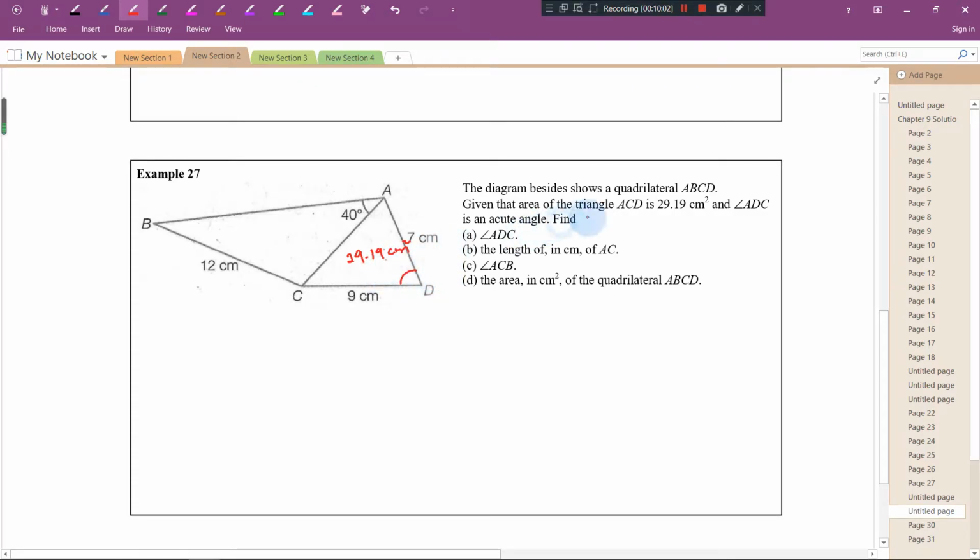First you have to think, can this 29.19 help us to find this angle? Yes.